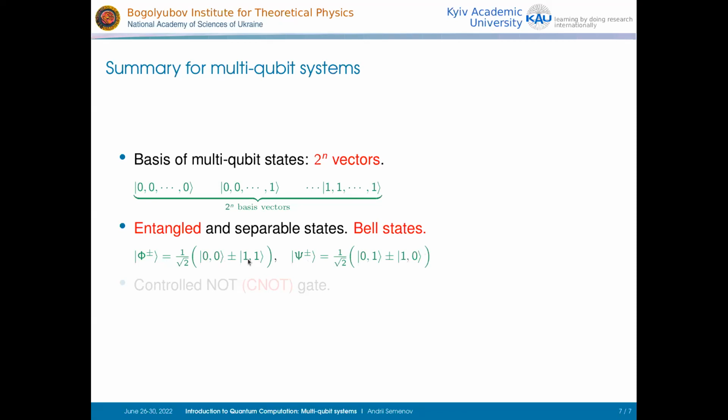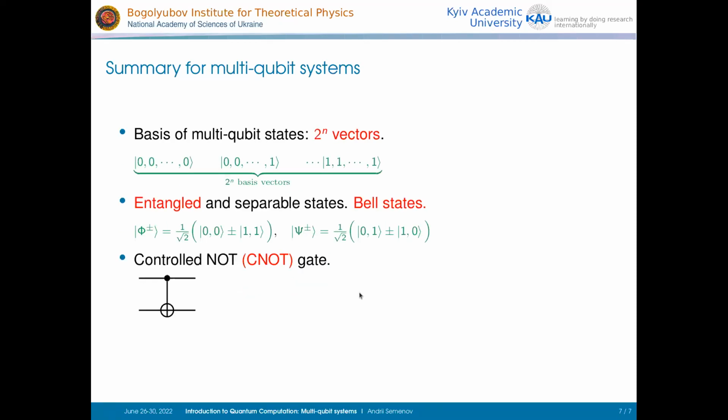I believe you will meet this in other lectures. Also, I have presented you the controlled-NOT or CNOT gate. More about multi-qubit gates will be in the lecture by my colleague, Dr. Danila Yakimenko, tomorrow after lunch. My task was just to introduce some elementary results.